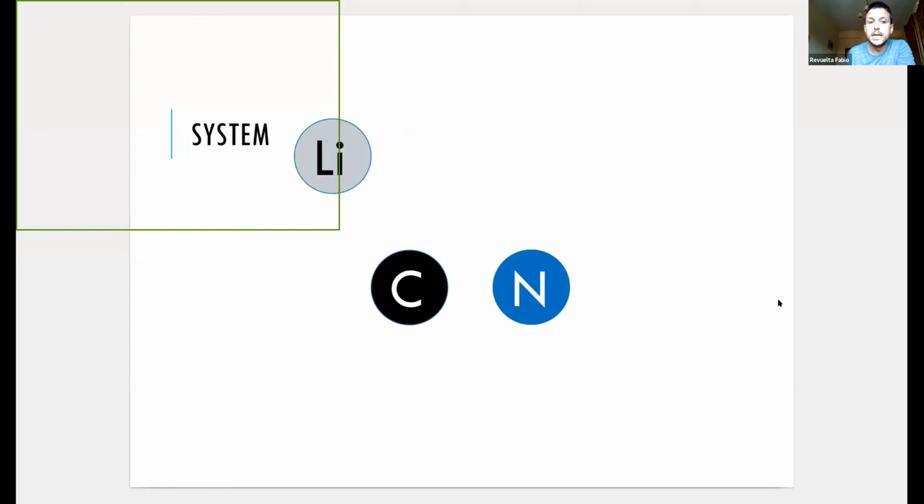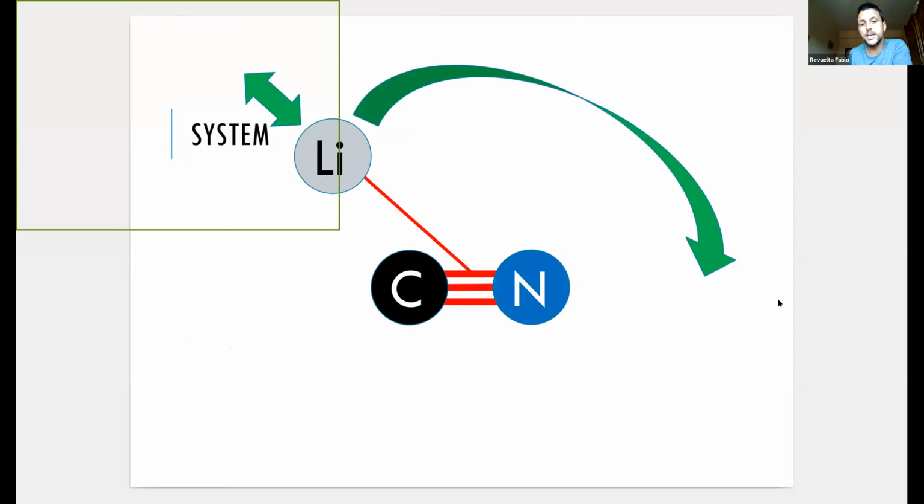The one that I will present to you is formed by these three atoms: lithium, carbon, and nitrogen. Carbon and nitrogen have a triple bond, so their distance keeps more or less constant. And then only lithium moves around them. It can have this stretch motion, so a kind of vibration, or it can rotate around it.